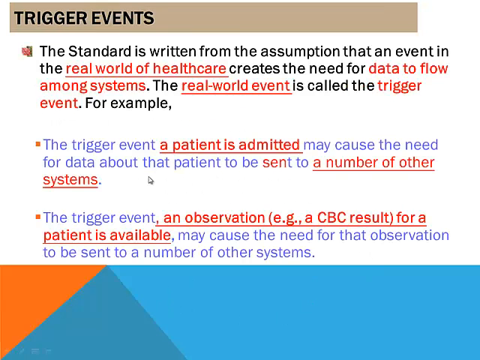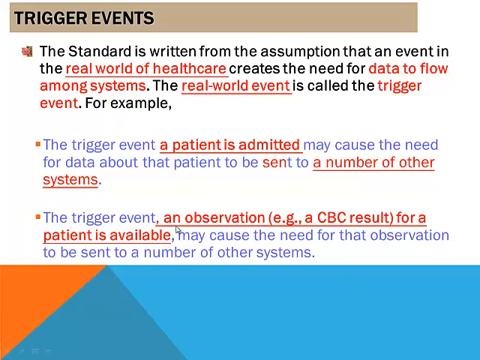The first example is a patient is admitted. This trigger event will cause the need for data about the patient to be sent to a number of other systems, for example the lab test system, the radiology department, and the admission system. These different systems will receive this kind of message.